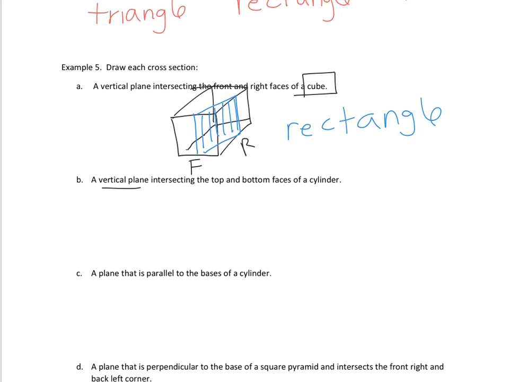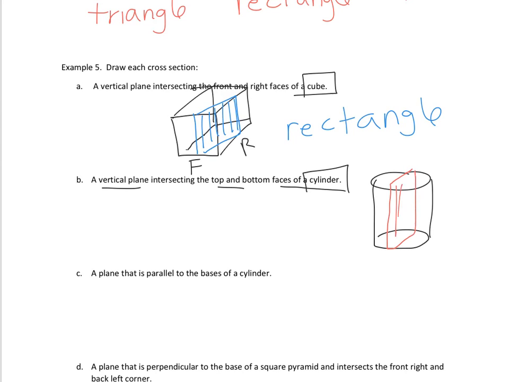A vertical plane intersecting the top and the bottom faces of a cylinder. So I'm going to draw a cylinder. So it's vertical and it's intersecting the top and the bottom. So this is going to make a rectangle.